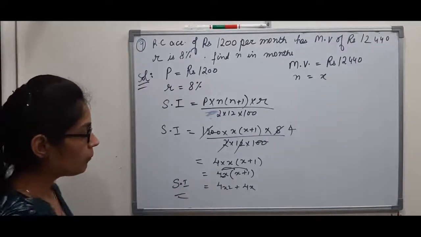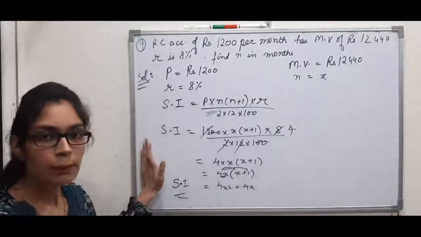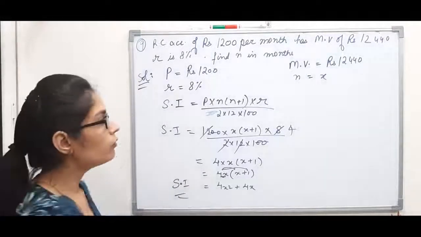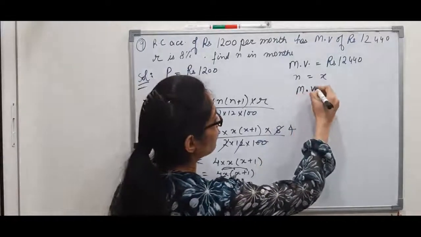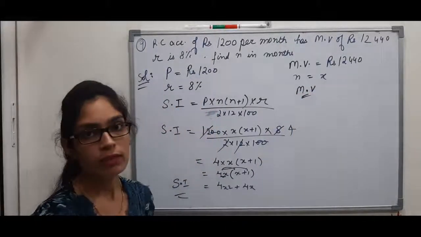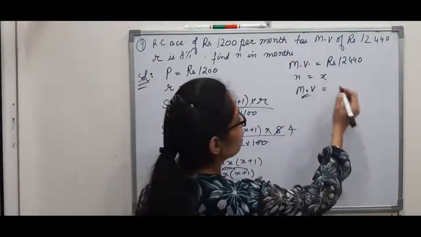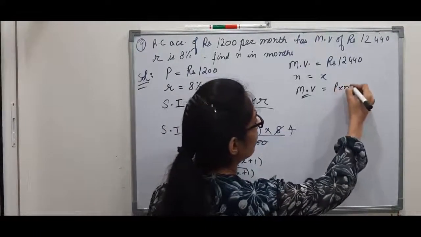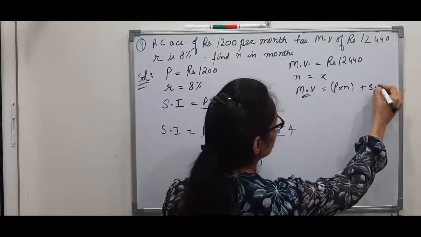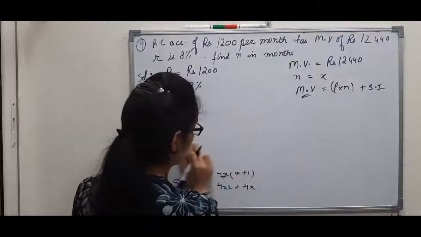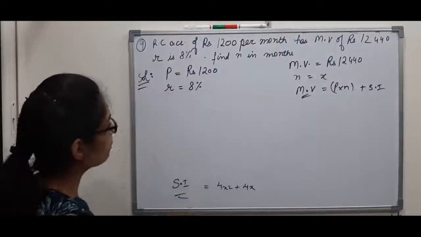Now same thing. After finding simple interest, what we were doing? We were finding the value of MV. So MV is already given. Same thing, first simple interest, then MV. We will write the formula of maturity value, P into N plus simple interest. So I'll just write down the value of simple interest.